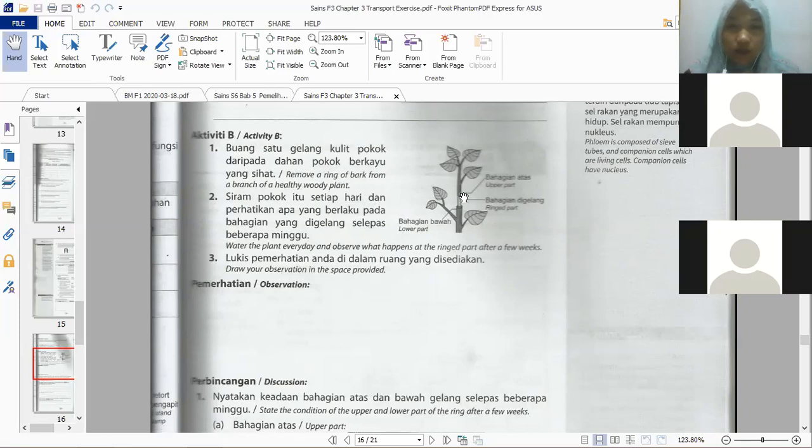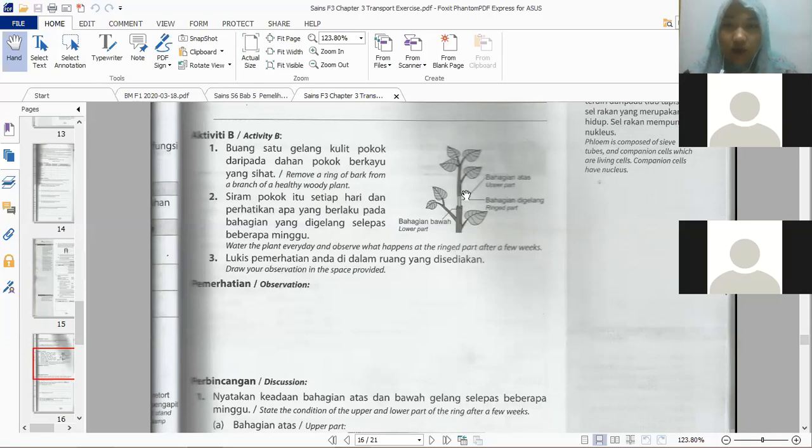Why? Because the plant has an outer and inner layer. If you look at the outside of a woody plant, it must be hard. Why is it hard? Because these are old cells, old tissue. That's why it is hard. But the inner part, if you touch it, it must be soft, because these are new cells or new tissue that they produce.